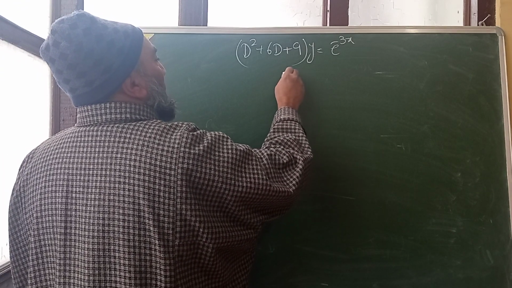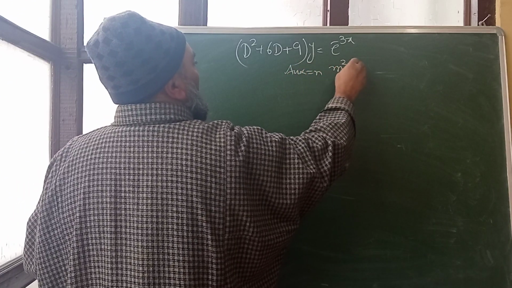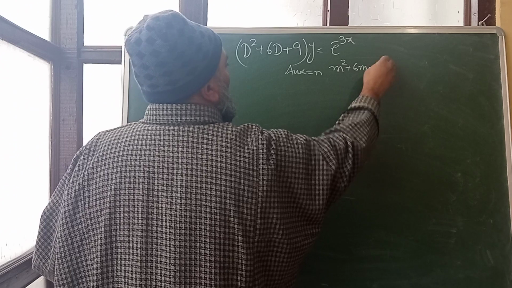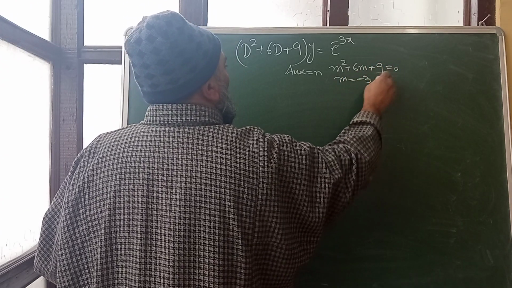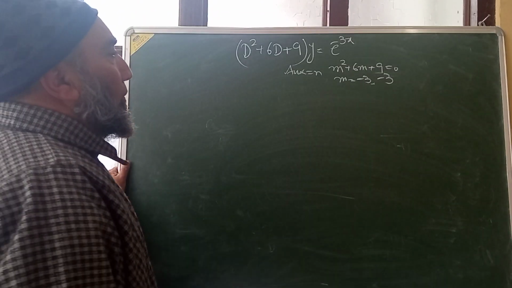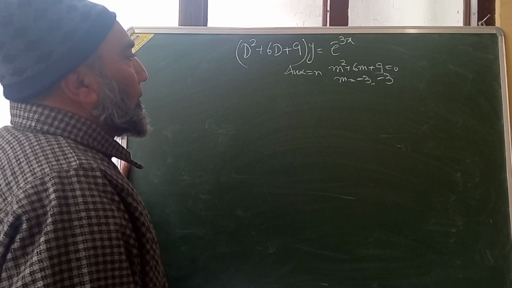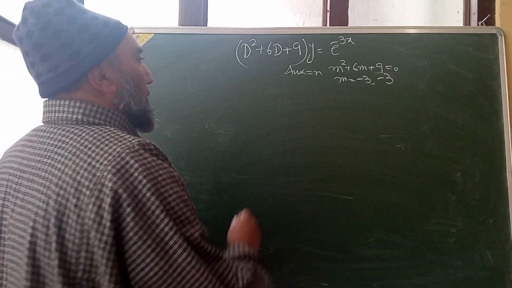This is the auxiliary equation: m square plus 6m plus 9 equals 0. So m is equal to minus 3 and minus 3.